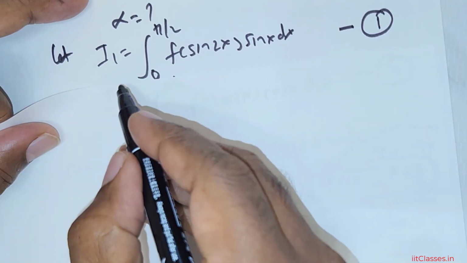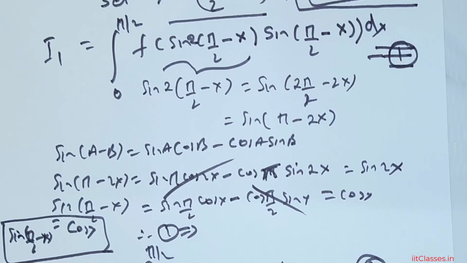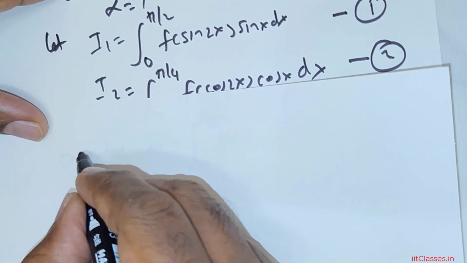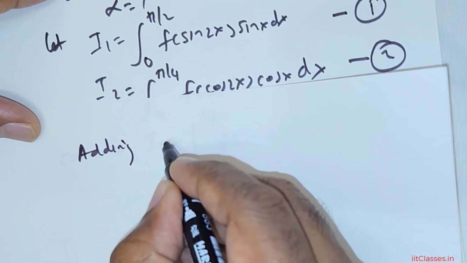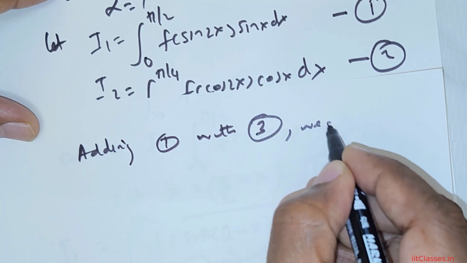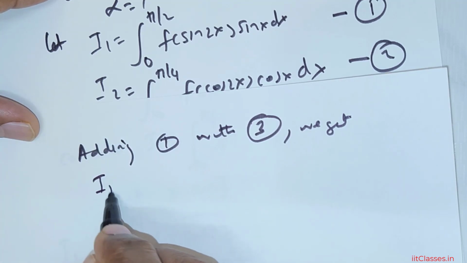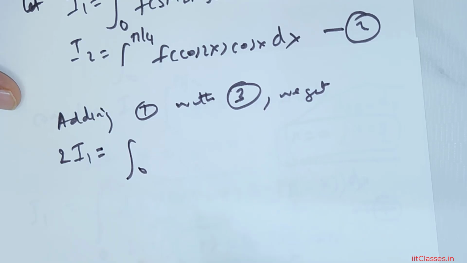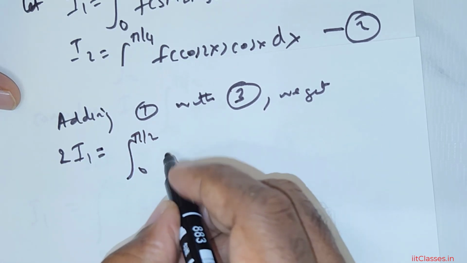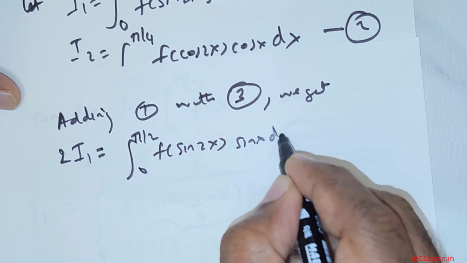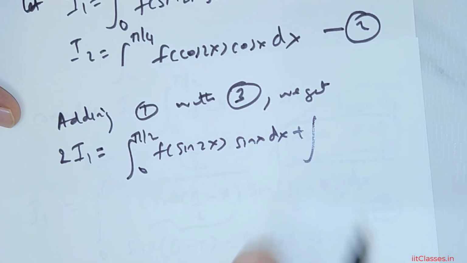So I'm going to add 1 and 3. You see this 1 and 3. So let me write that down. Adding 1 with 3 we get I plus I, that's 2I, is equal to, this is the first component, integral 0 to pi over 2 of f of sine 2x times sine x dx, positive integral.